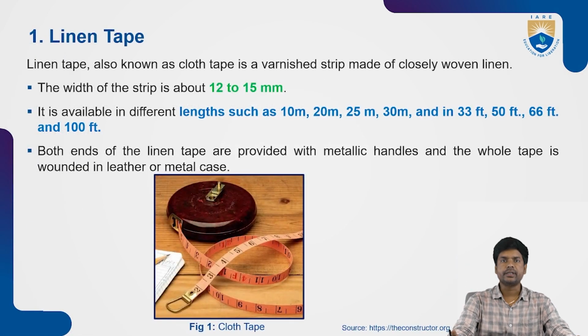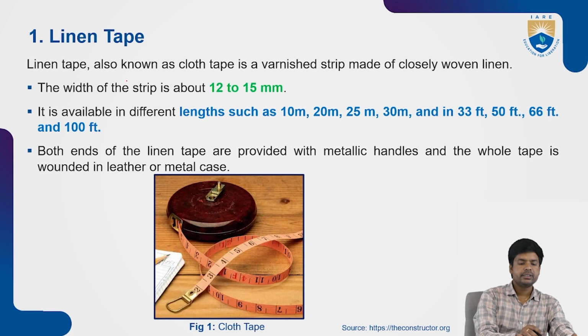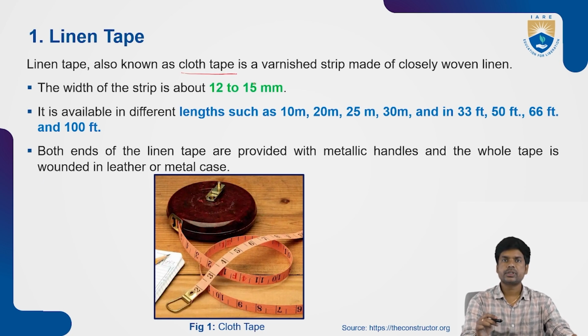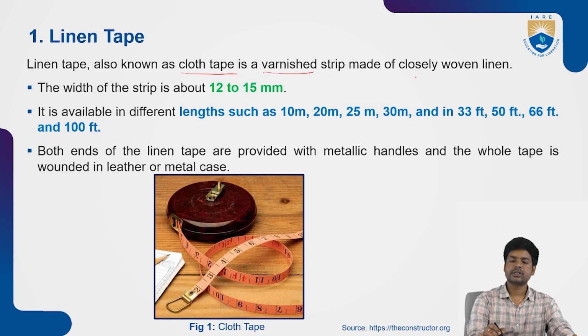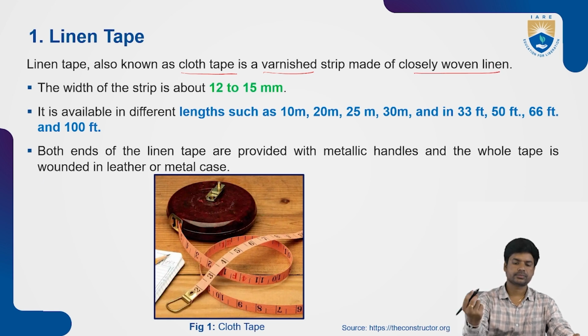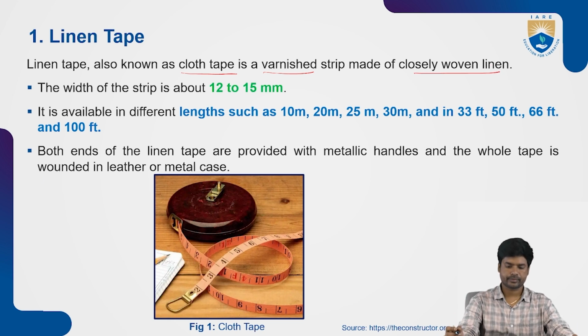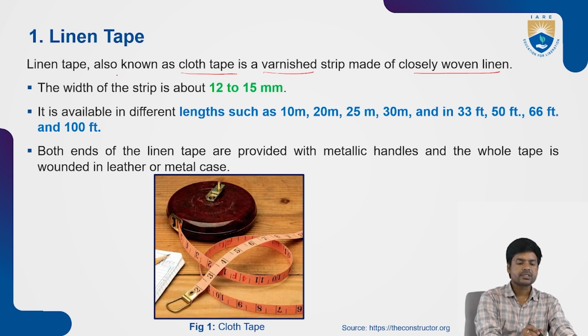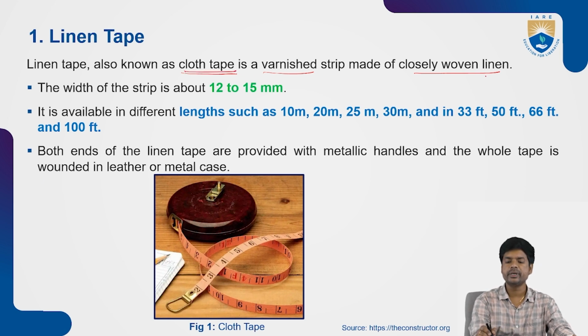Coming to the first one, the linen tape. This tape is also known as cloth tape, and it is a varnished strip made of closely woven linen.